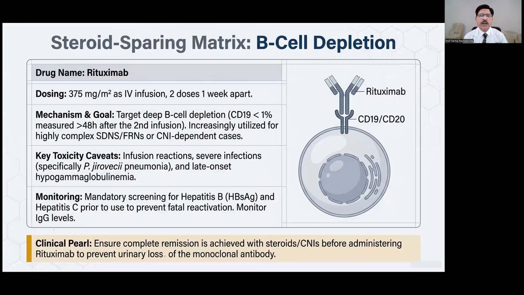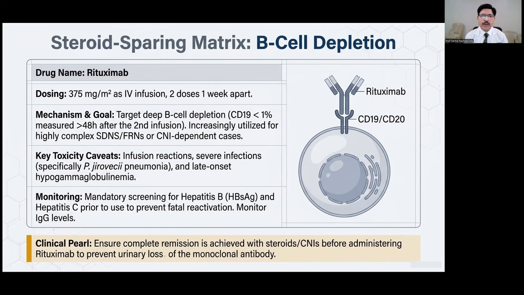How much? 375 milligrams per meter square, IV infusion, 2 doses, 1 week apart. It is a monoclonal antibody. Mechanism: targets deep B cell depletion and is increasingly utilized in highly complex, steroid dependent, frequently relapsing or CNI dependent cases.